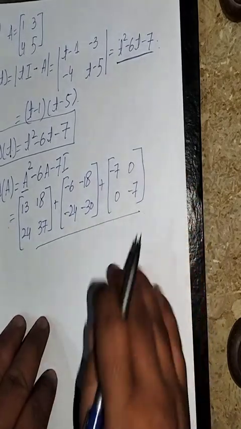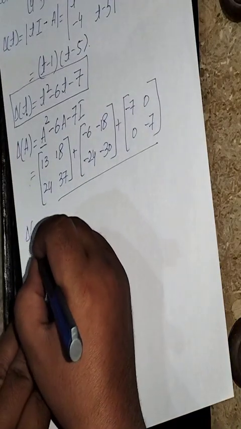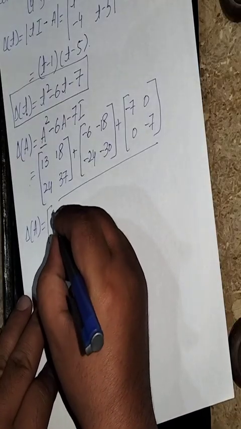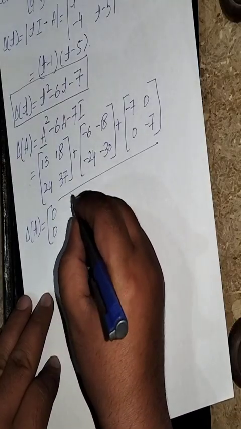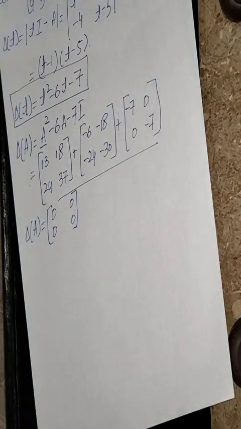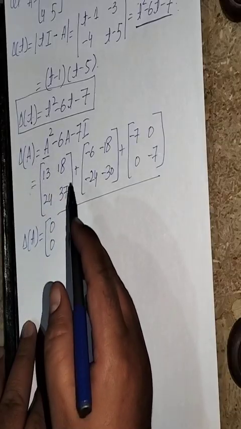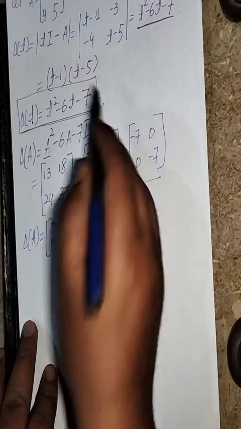Add these three matrices. You will find out that this addition will produce the zero matrix. So here is an example which implements the Cayley-Hamilton theorem that every matrix A is the root of its characteristic polynomial.